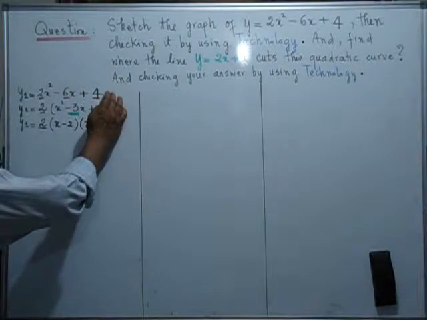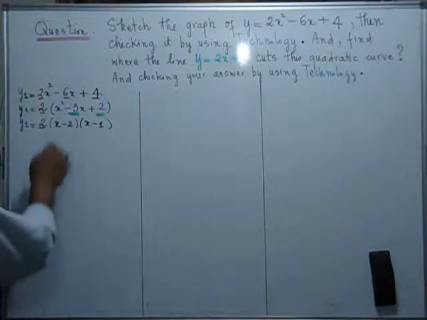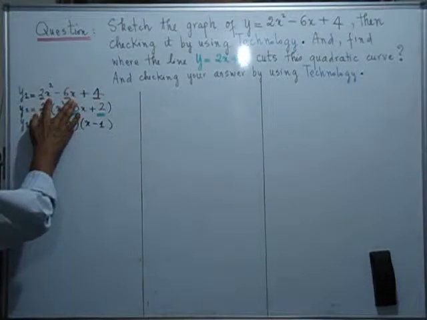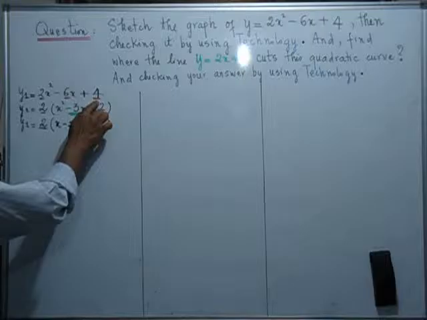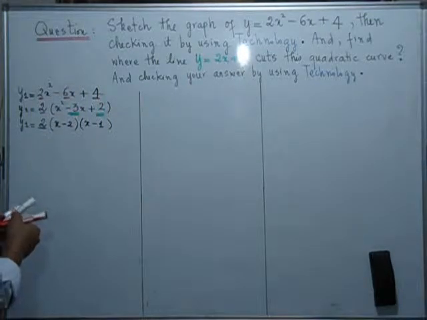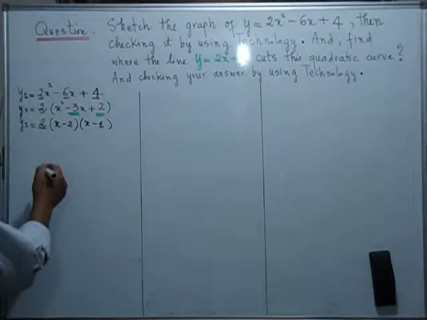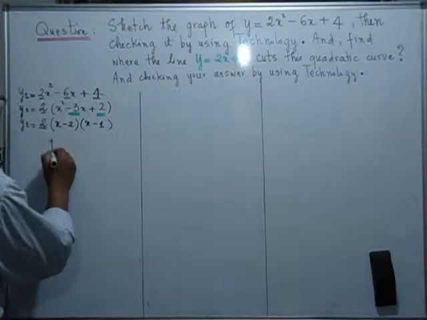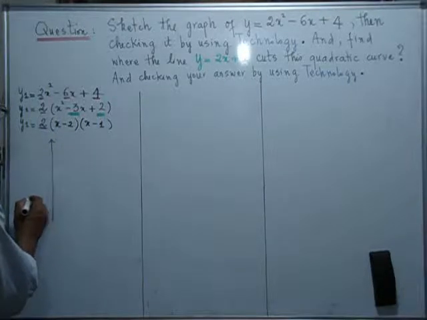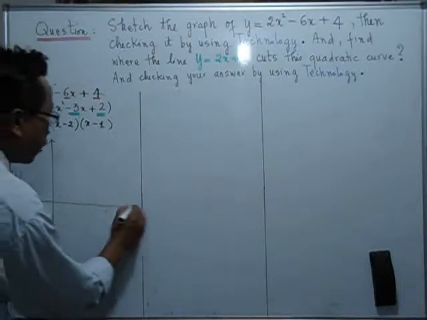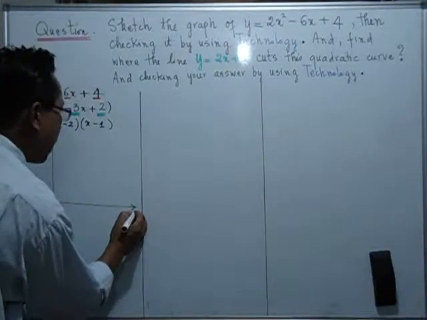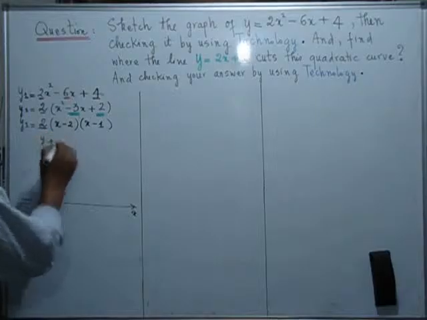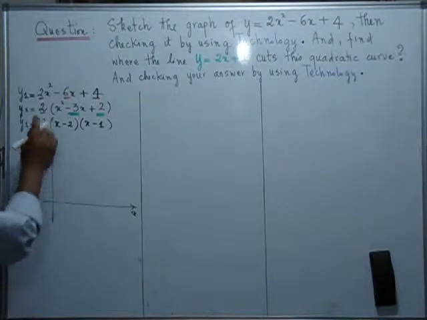So we can observe on the top here, when x equals 0, y equals 4. So we can draw the set of axes, x-axis and y-axis.